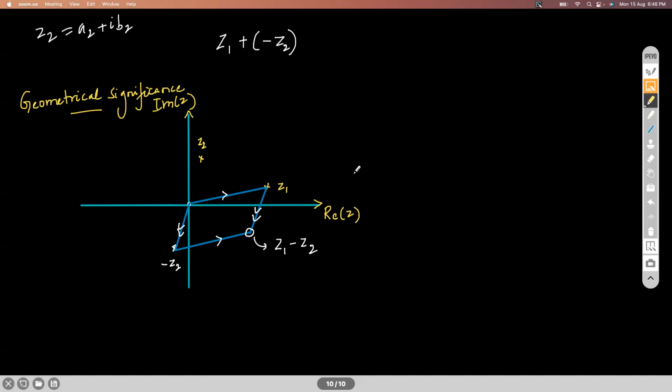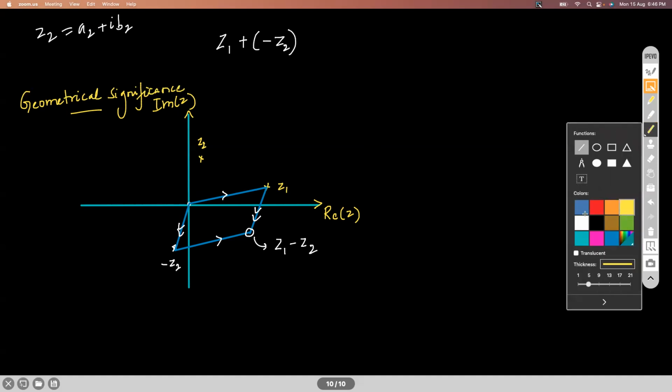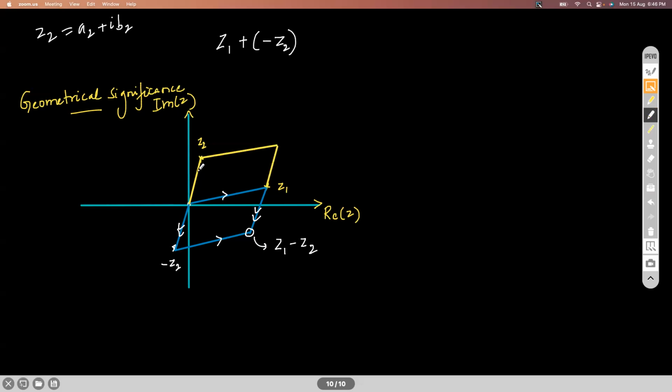Okay. Now, a few things I would like you to understand deeply here, because that's going to be important for you. Had I completed a parallelogram like this, let's say this is also a parallelogram, isn't it? This is also a parallelogram.